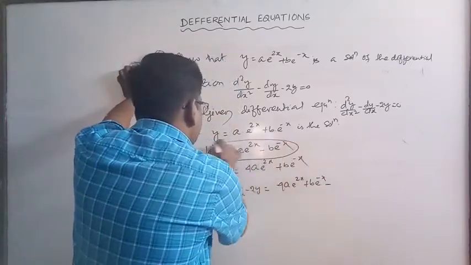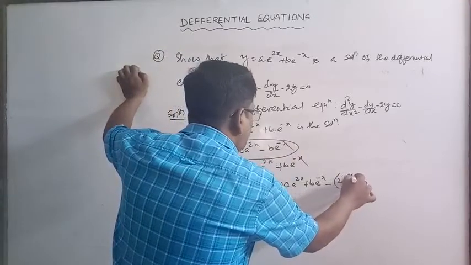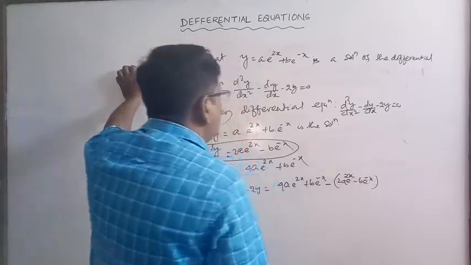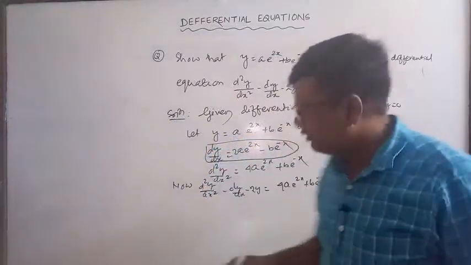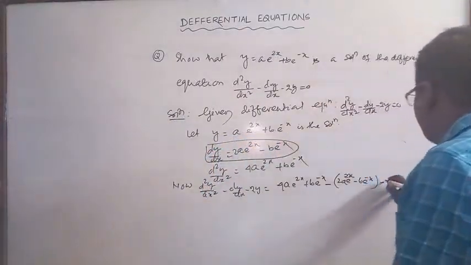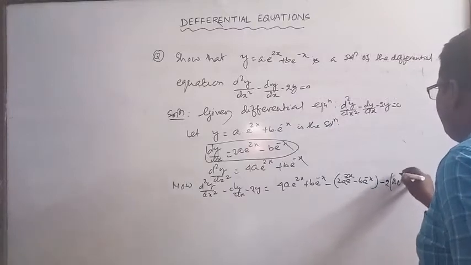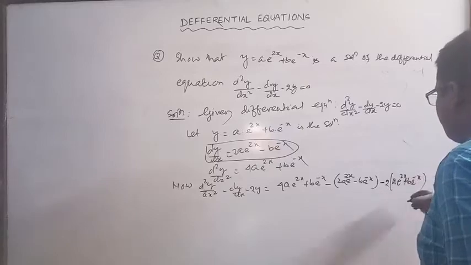Like this. So minus of 2a e to the 2x minus b into e to the minus x, minus 2 into y. Y means a e to the power 2x plus b e to the minus x.